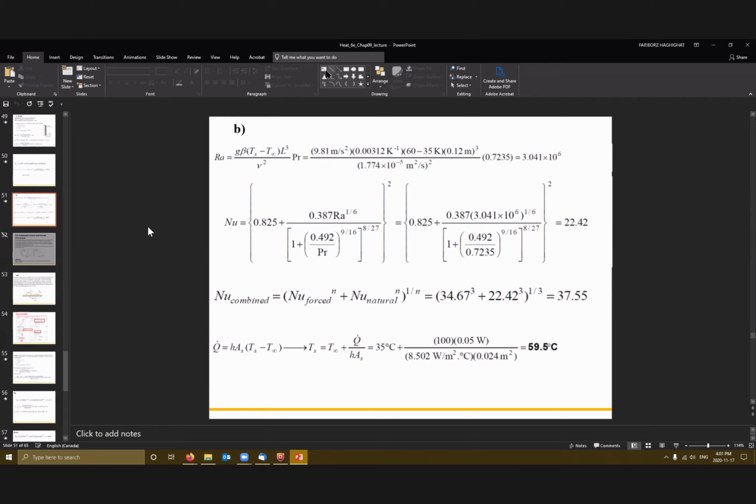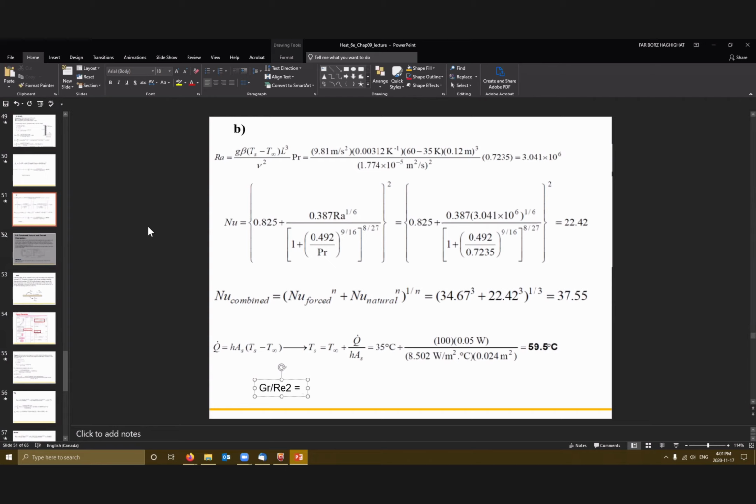Therefore, you have to calculate the Grashof number divided by the Reynolds number to the power 2, okay? Just assume this one.